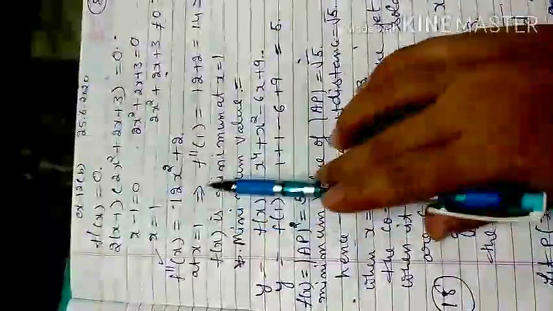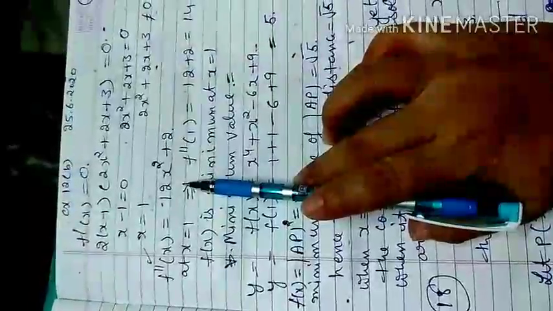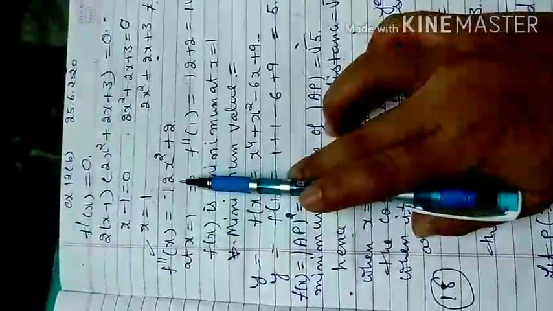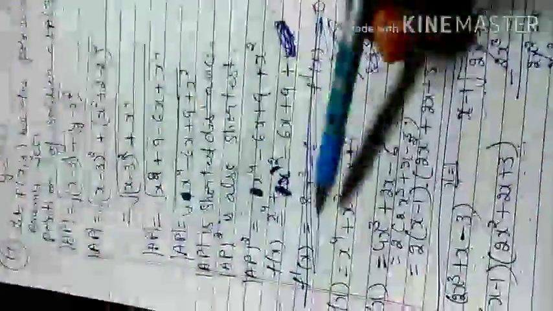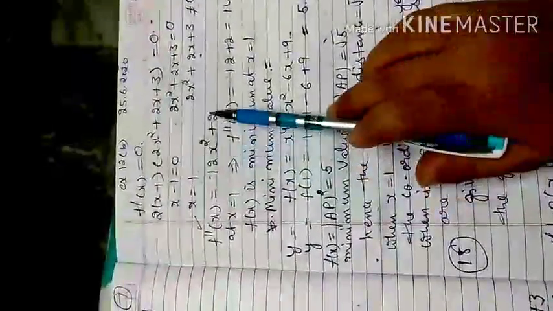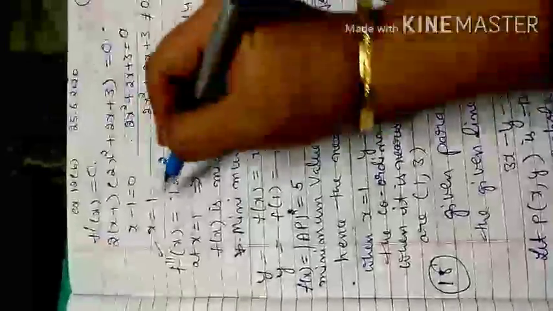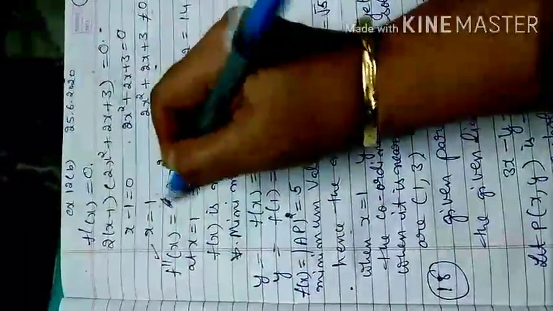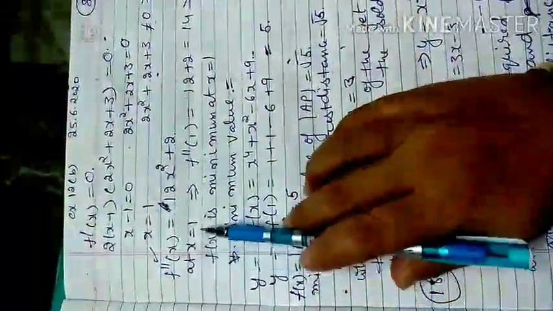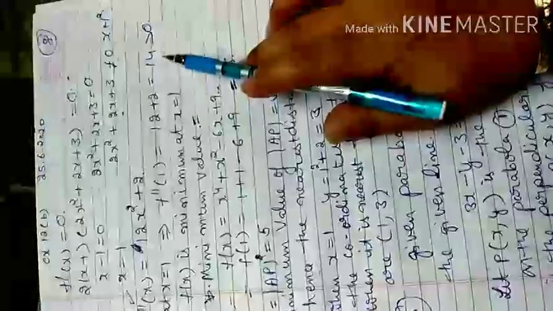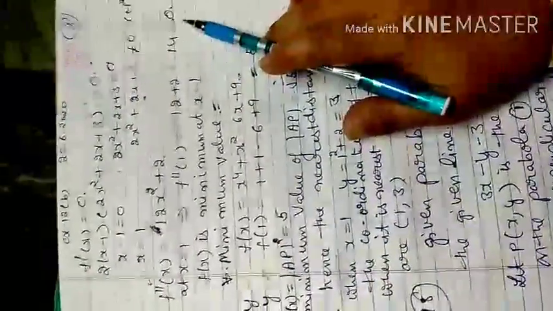Now we go with the double differentiation. The double differentiation of 4x cube plus 2x minus 6 gives 12x square plus 2. Now at x equals 1, we get 14, which is greater than 0.